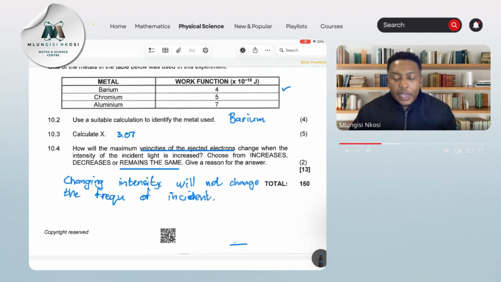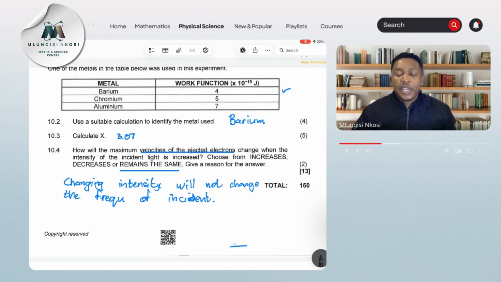And if the energy does not change, then the kinetic energy will also not, because the work function remains constant. If the energy of the incident light does not change, neither will the kinetic energy.